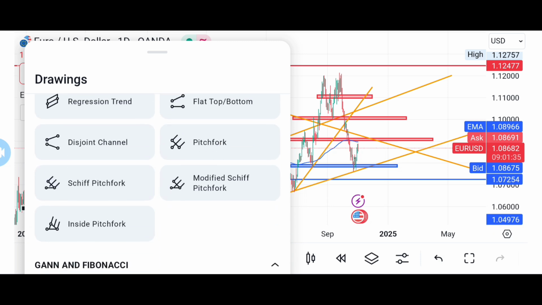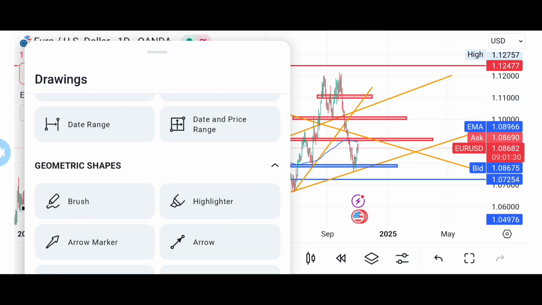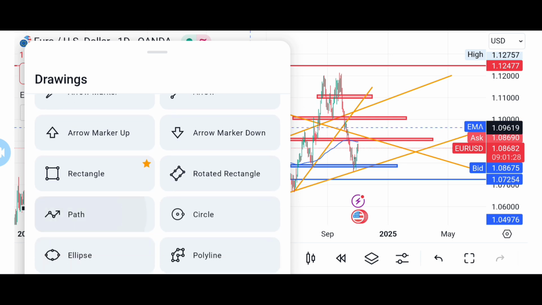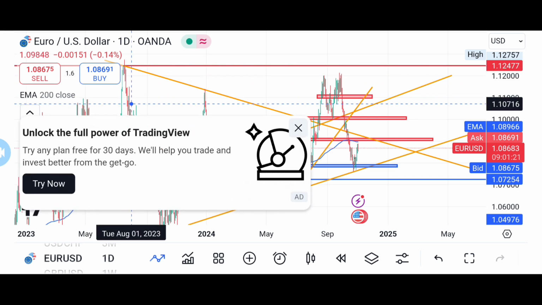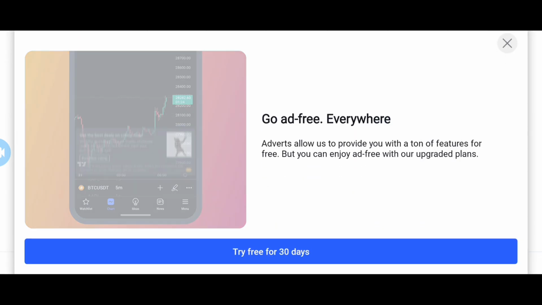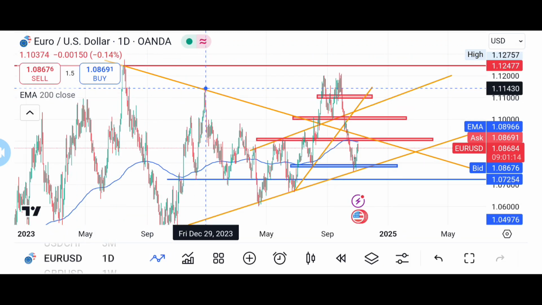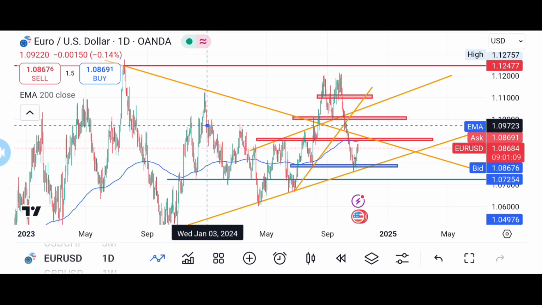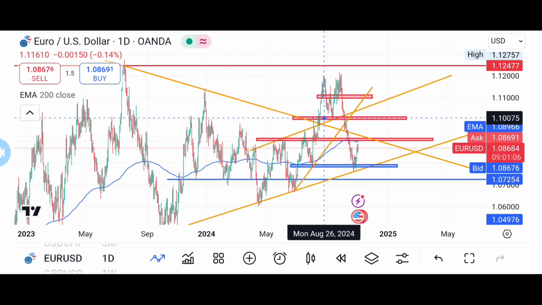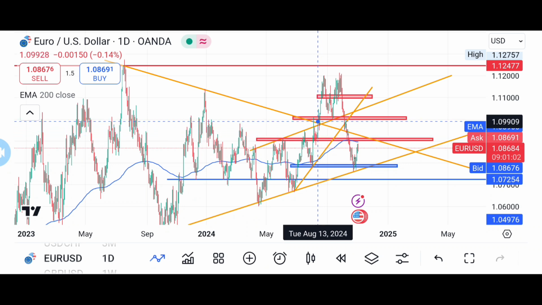But unfortunately, there was a point where buyers broke that trend line upward. Once the price came and touched this trend line, sellers pushed the price downward. Once they came up here again, the price action was pushed downward. But here, the buyers were able to break this trend line.